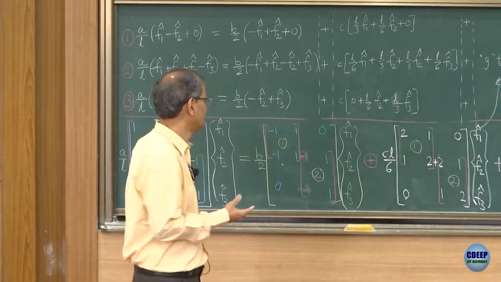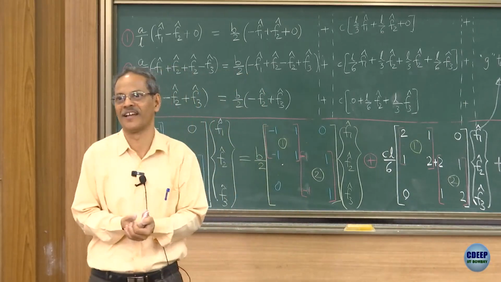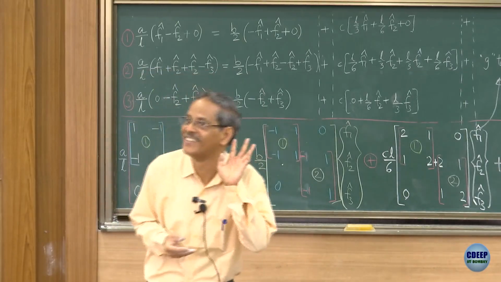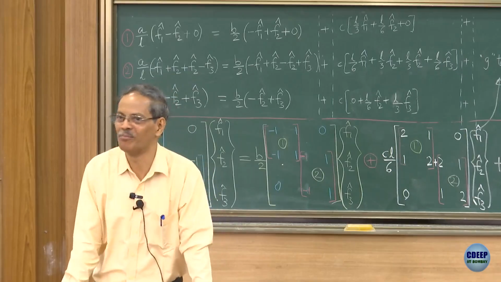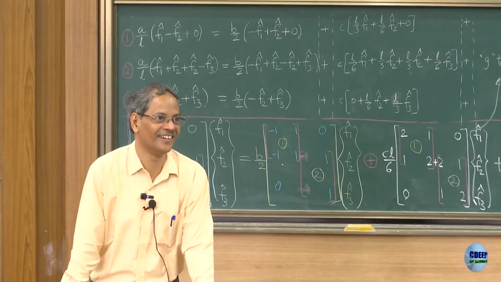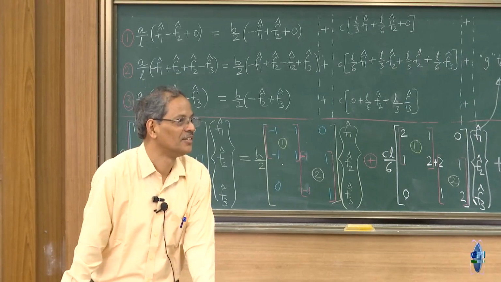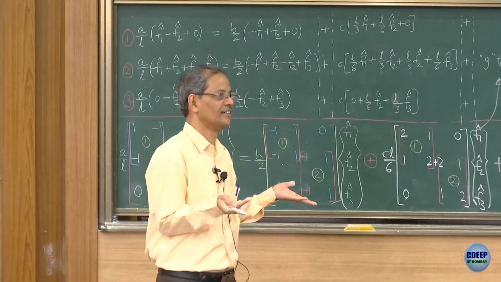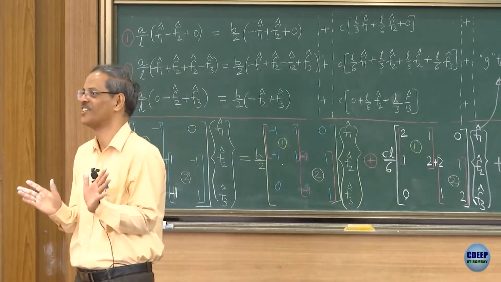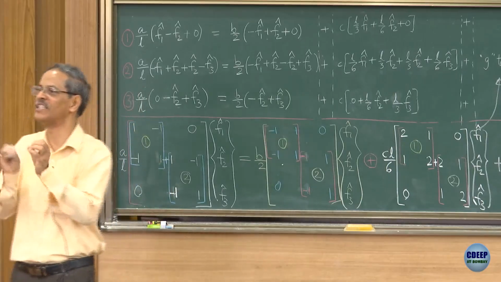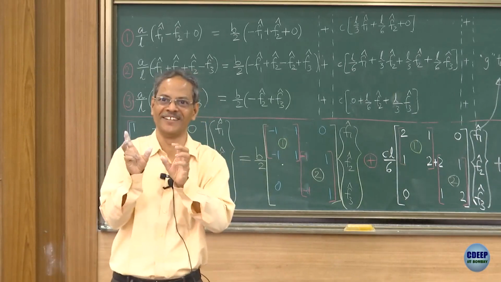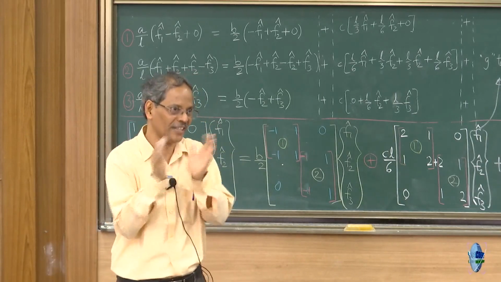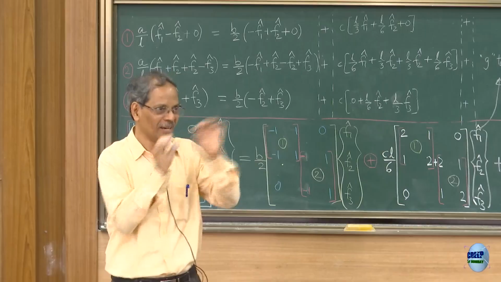What did you finally get in the matrix? What do you see? Similarities, okay. Some letters are matching. Symmetric matrix, right? You got a symmetric matrix because you are meddling with integrations of X by L, 1 minus X by L, 1 minus X by L into 1 minus X by L, then X by L squared.